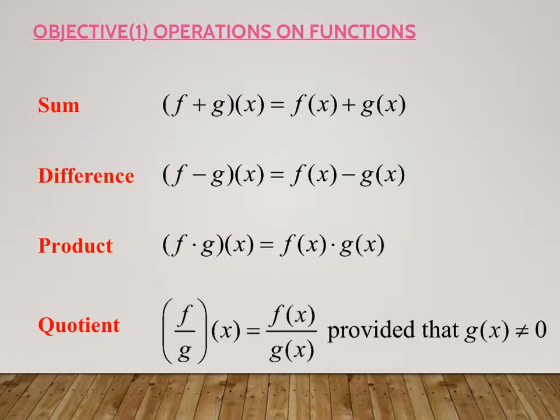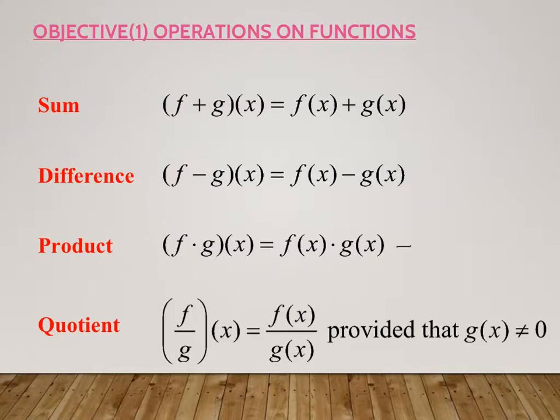So the sum of functions, f plus g of x, is nothing more than the function f of x plus g of x. The difference, f minus g of x, is equal to f of x minus g of x. The product, f times g of x, is equal to f of x times g of x.